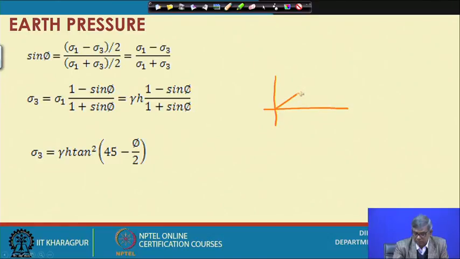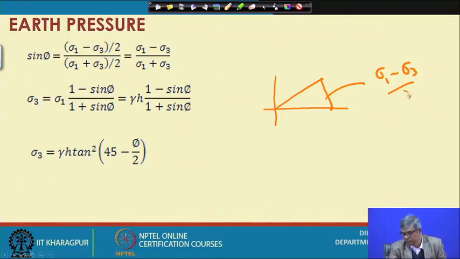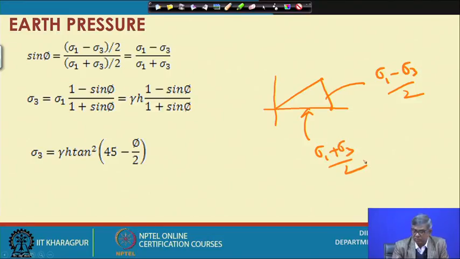This was sigma 1 minus sigma 3 by 2, and this one was sigma 1 plus sigma 3 by 2. This by this, where this is a right angle, is sin phi, and this is phi.